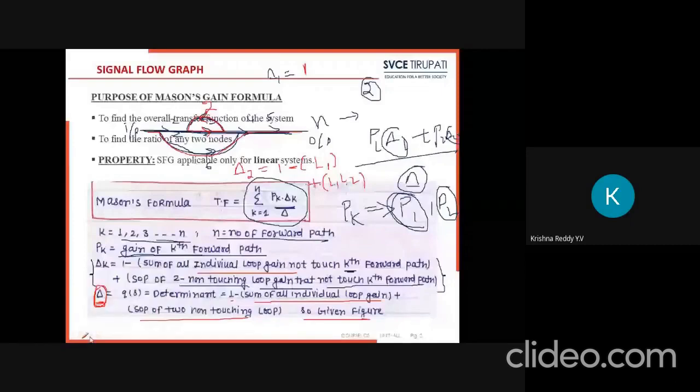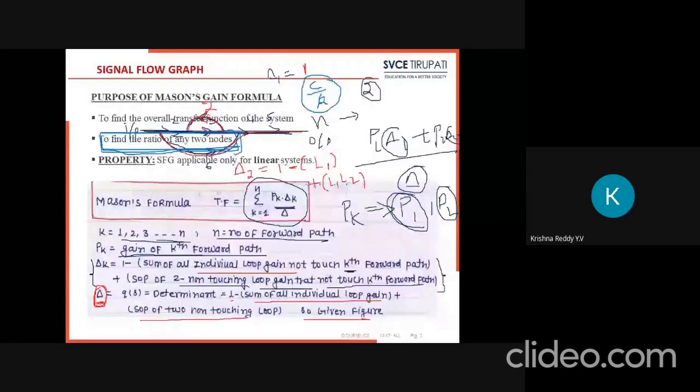Generally we calculate the transfer function as output divided by input, but otherwise we can find the ratio of any two nodes in the given signal flow graph. This is the advantage of Mason's gain formula.